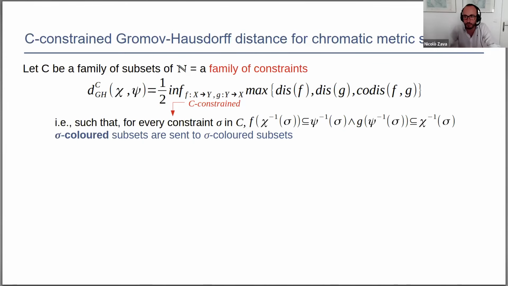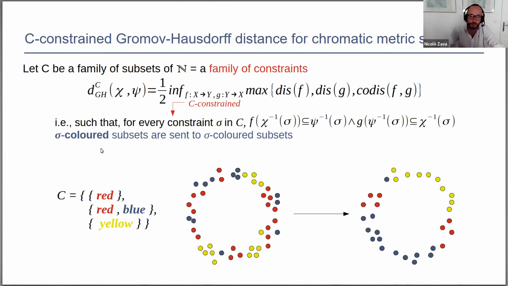Let's go with an example to try to understand a bit more what's going on. So we have three colors, and we have a constraint set: red, red-blue, and yellow. What does it mean that the map between them is C-constrained? Well, the red points are forced to go to the red points.